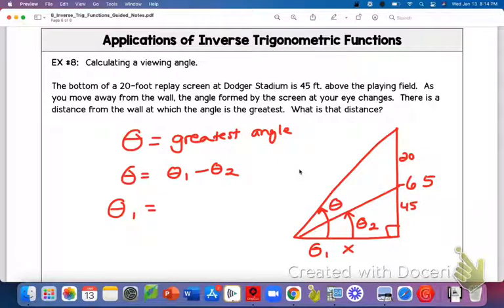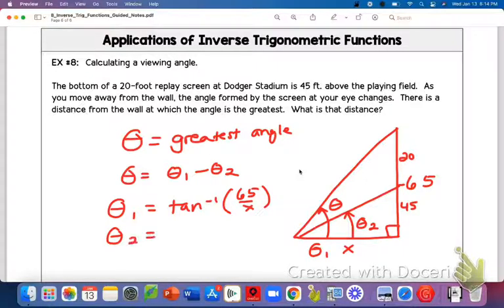Well, remember, to solve for an unknown angle, we use inverse trig. So if I wanted to solve for theta 1, that would be opposite over adjacent. So we would do a tan inverse, the opposite leg of this whole entire angle of that big triangle, this triangle right here, opposite leg is 65 over our unknown x.